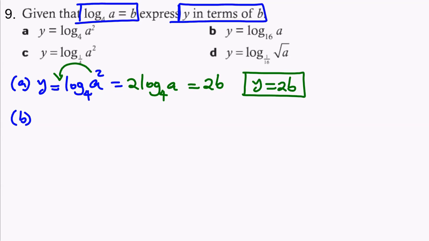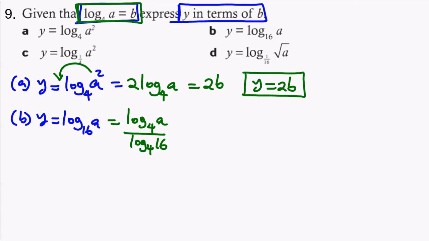For part B of this question, I have y is equal to log to base 16 of a. So my first step will be to try and change the base to base 4 because that's what I'm given in the condition here. So log to base 4 of a over log to base 4 of 16. Need to simplify this. So the numerator remains as it is. The denominator will be log to base 4, but 16 is 4 squared. And the main reason why I'm changing it to 4 squared is I want to simplify that denominator.